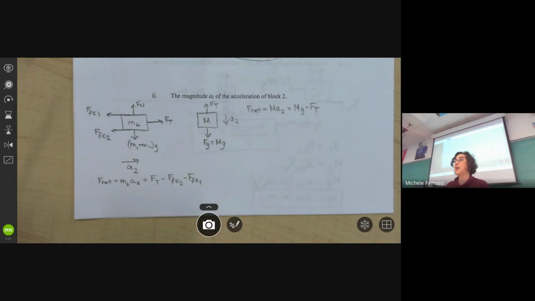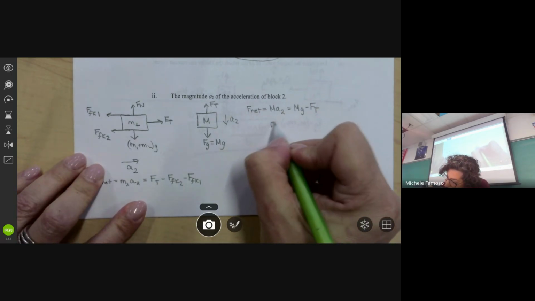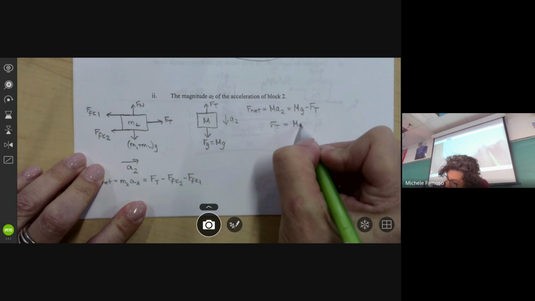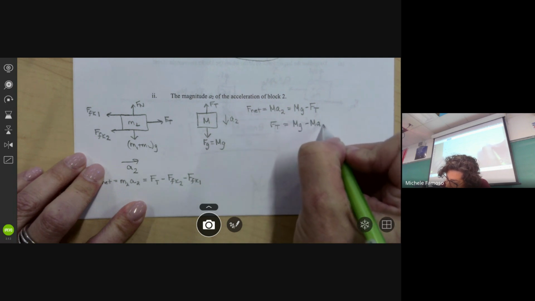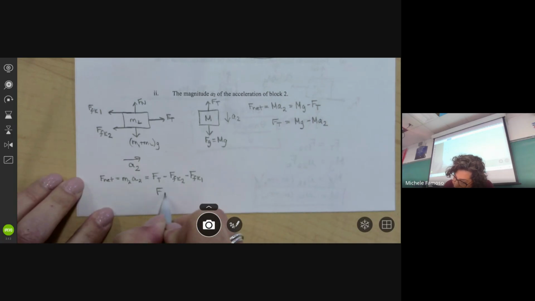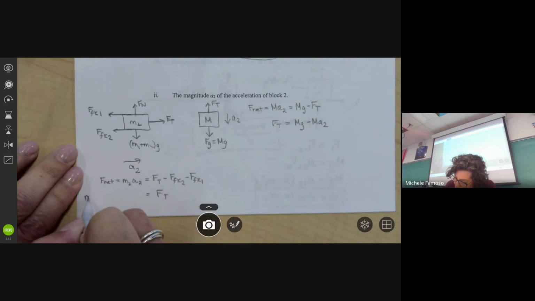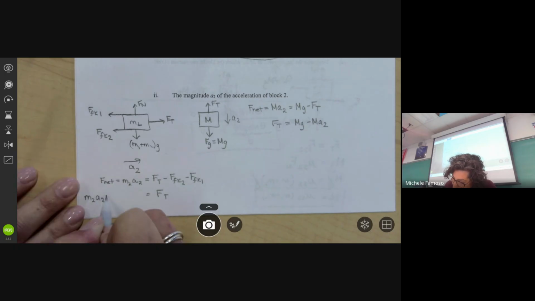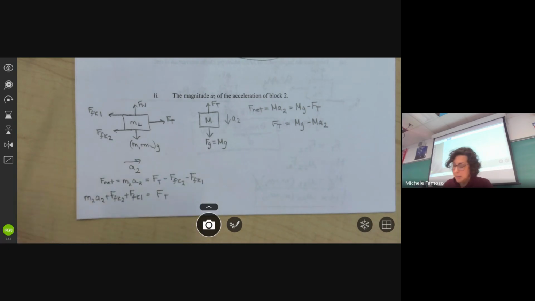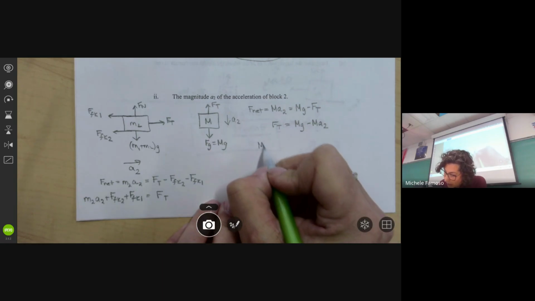What do I know about the tensions? They are the same. So that means this tension is mg minus ma2, and this tension is m2a2 plus Ffk2 plus Ffk1.